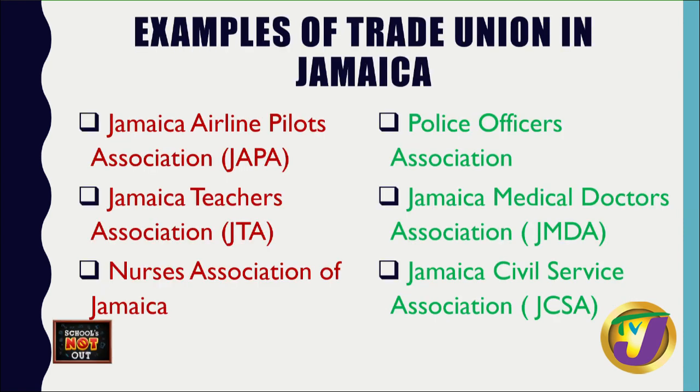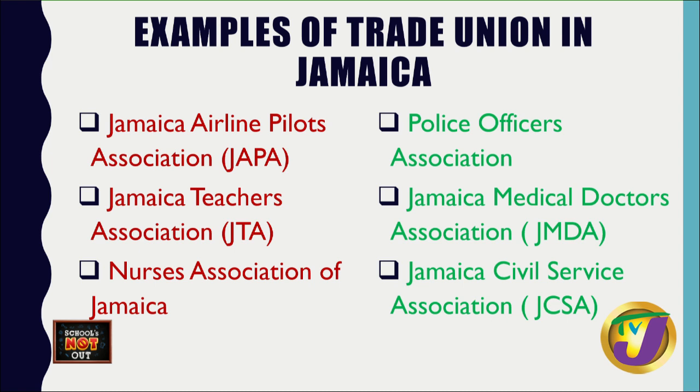Now, here are some examples of trade unions in Jamaica. We have, for example, the Jamaica Airline Pilots Association, JTA. We have the Nurses Association of Jamaica, the Police Officers Association of Jamaica, the Jamaica Medical Doctors Association, and the Jamaica Civil Services Association.